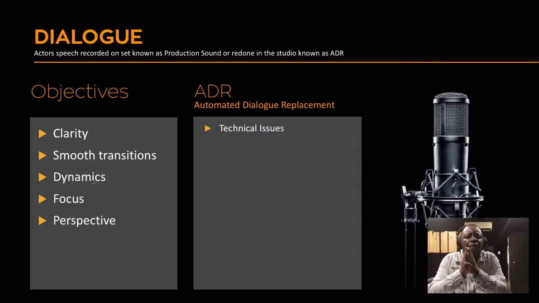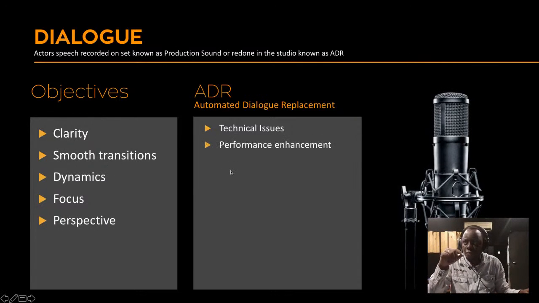Sometimes it's very hard for you to hear me talking, like when I am talking while clapping. But if I can reduce this clap, you can hear me more clearly. So there were some technical issues where the environment, the Foley, was affecting the dialogue. So that's why we had to do ADR.